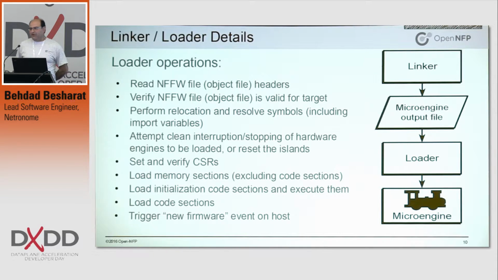The linker and loader go hand in hand in the SDK. If you recall, the output of the P4 compiler or the C compiler is the .list file, which is the object code that is the input to the linker. The linker combines the different .list files generated from your application, resolves any symbols, and allocates memory for the object file, which is the NFFW file.